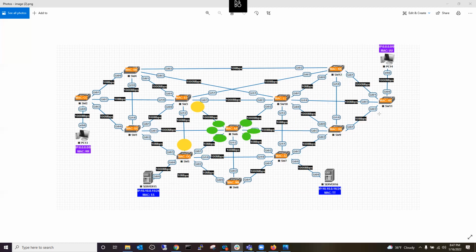You have your designated switch 6 to switch 5. Those are accurate. So I know for switch 3, 1/2 should be designated because it's going to be accepting the root port from switch 5.